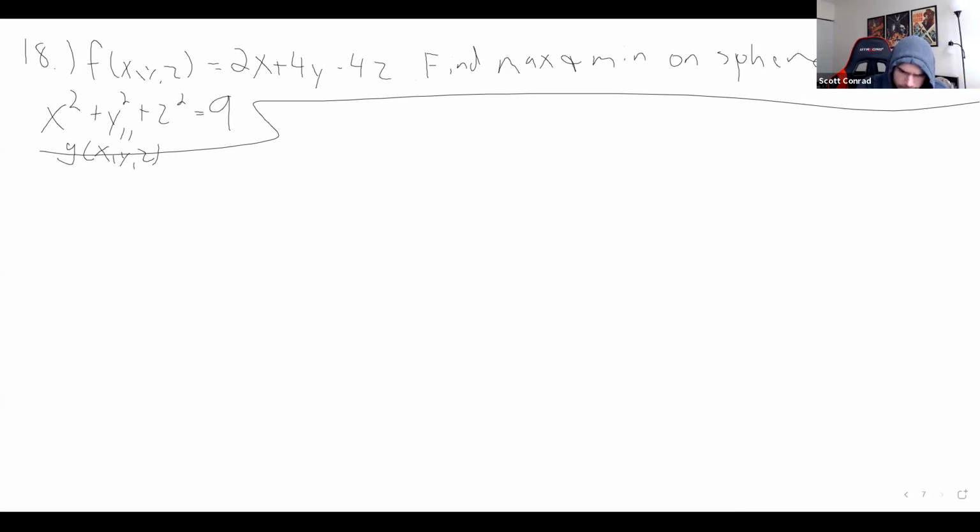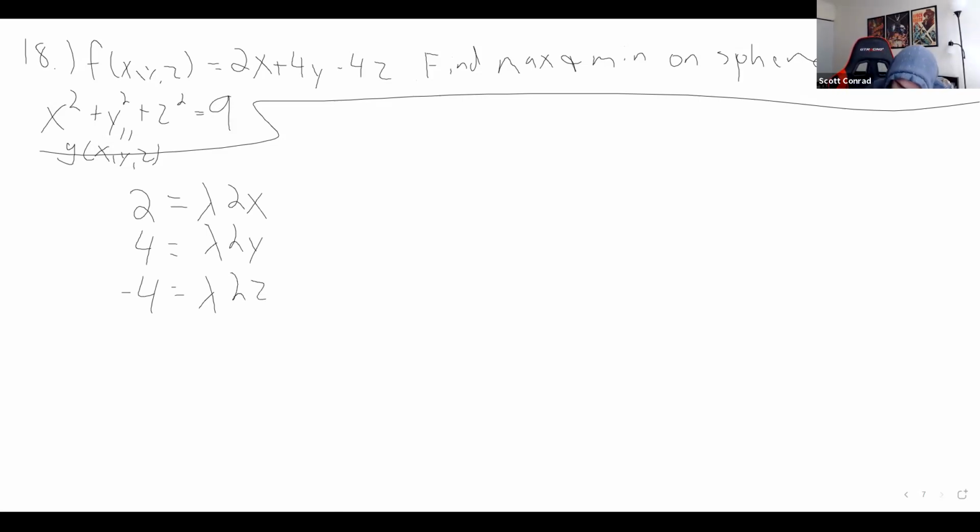Okay, so 18. The partial of f with respect to x is 2, and lambda times g sub x is going to be lambda times 2x. The partial of f with respect to y is going to be 4, and lambda times g sub y is going to be lambda times 2y. The partial of f with respect to z is going to be negative 4, and lambda times the partial of g with respect to z is going to be lambda times 2z.